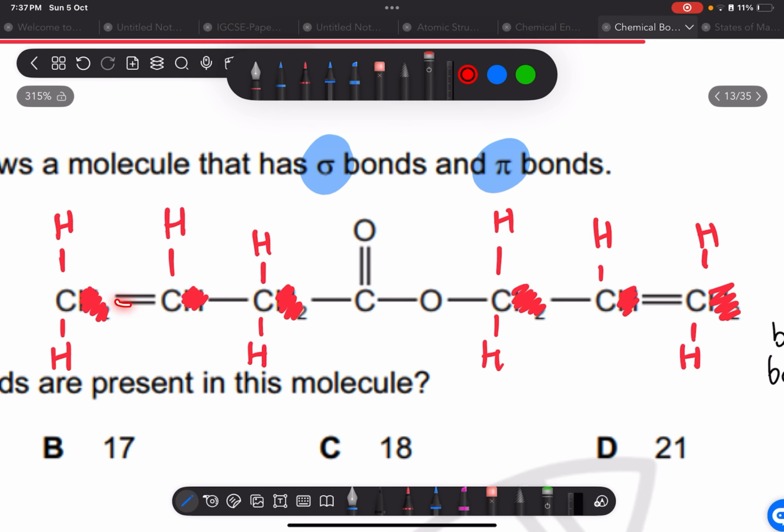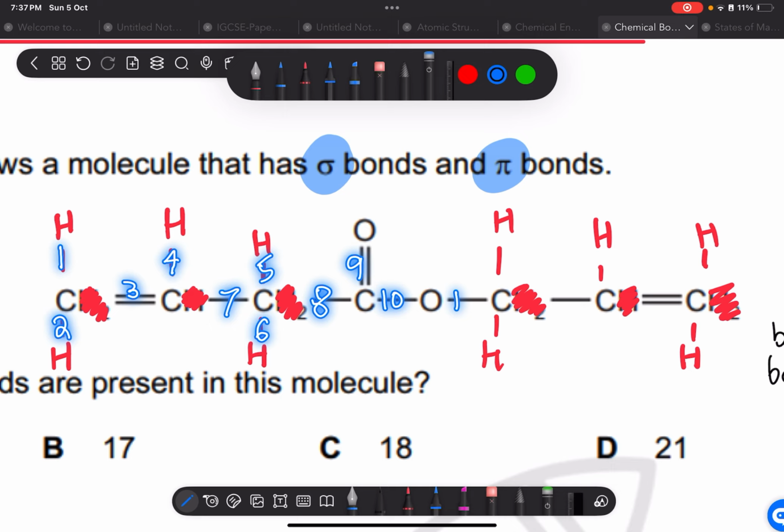The second bond is the pi bond, so we just have to count the first bond. 1 sigma bond, 2 sigma bonds, 3, 4, 5, 6, 7, 8, 9, 10, 11, 12, 13, 14, 15, 16, 17 and 18.